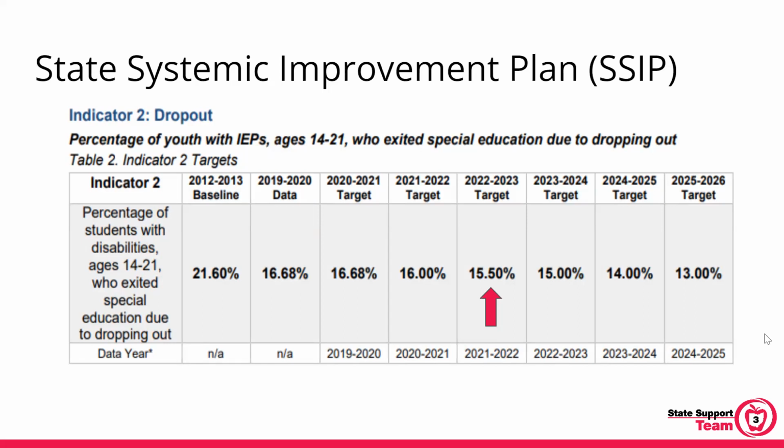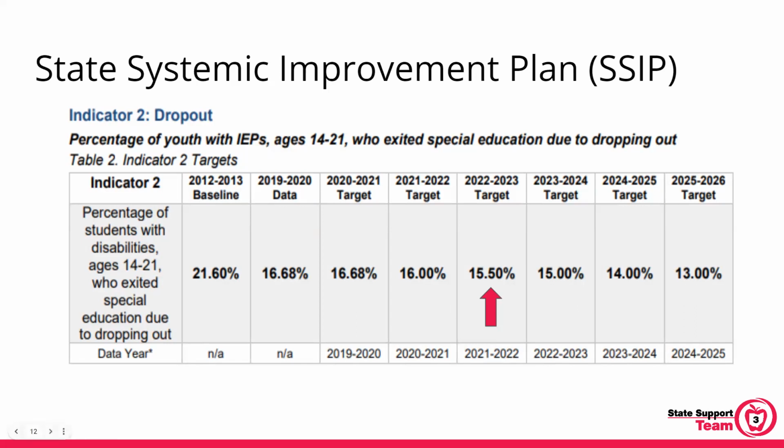So if you have received a finding for indicator 1 or 2, you know why now, because for indicator 2, you've either exceeded this threshold. You have more than 15.5% of your students with disabilities dropping out.